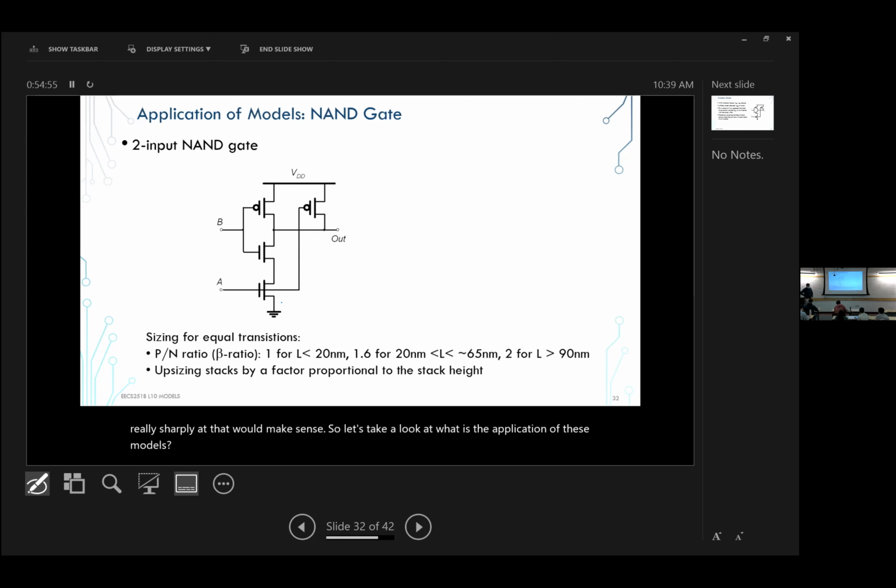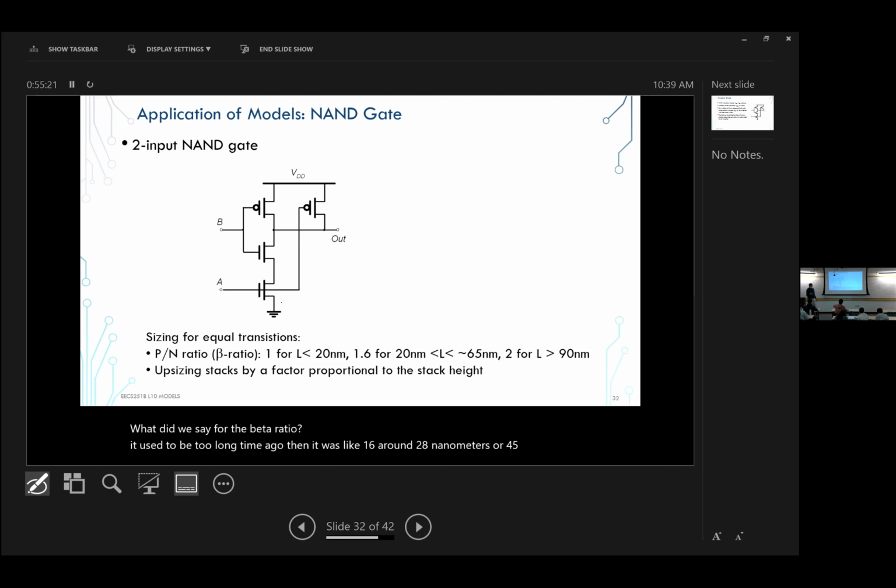The first one is this. How do we size a gate? And we have been talking about N to P sizing or P to N sizing, which is the beta ratio. What did we say for the beta ratio? It used to be 2 a long time ago, then it was like 1.6 around 28 nanometers or 45 nanometers.